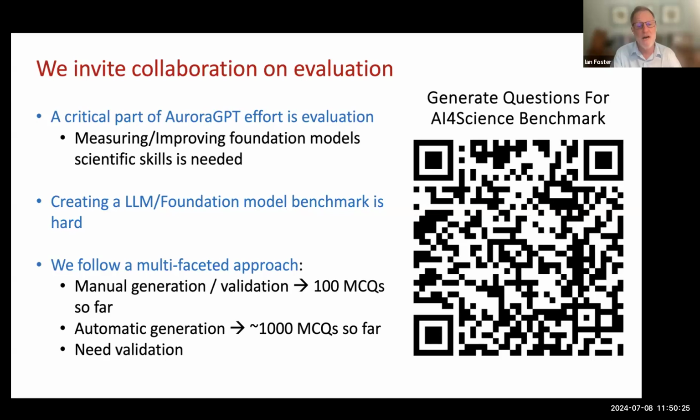So in a sense, it requires a fair bit of thought, but it's not a lot of actual typing. It would be great to get people helping with that. We have about 100 so far, and there's actually a tutorial going on today that we hope will generate another 100. But if you could generate 100 from this workshop series, that would be wonderful.